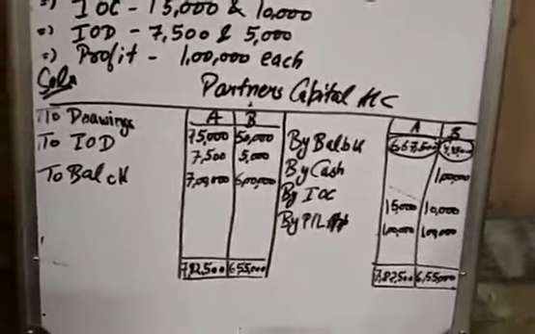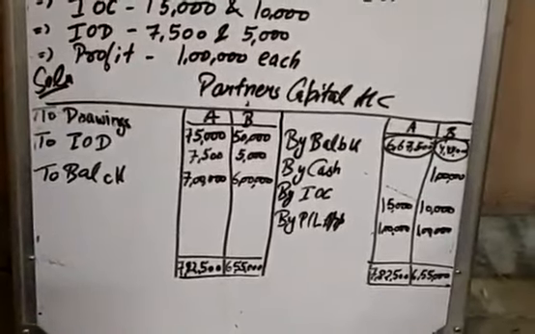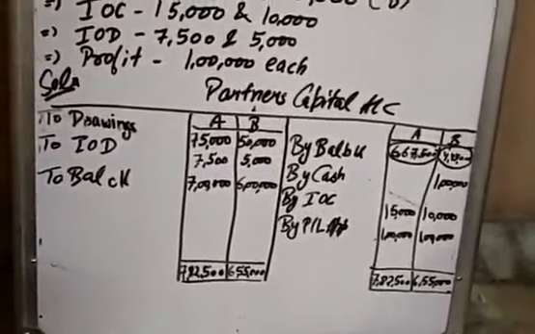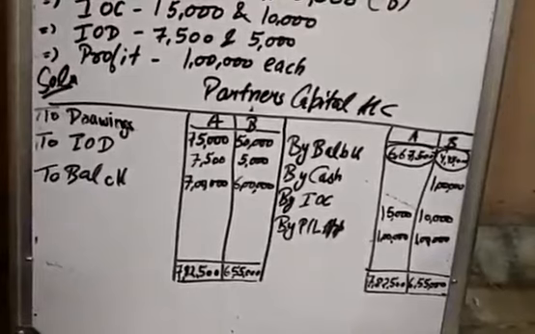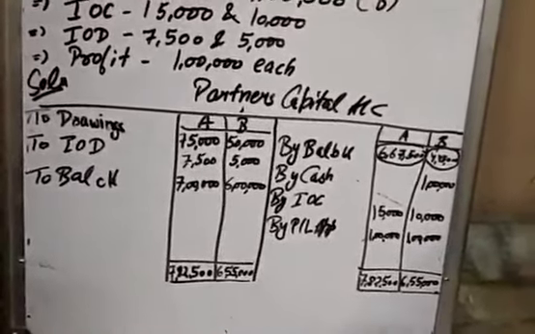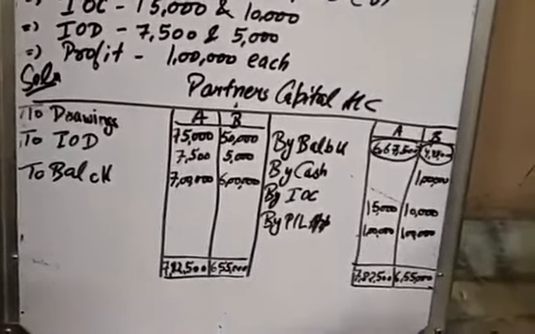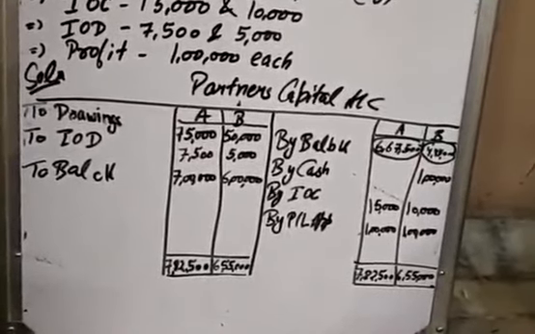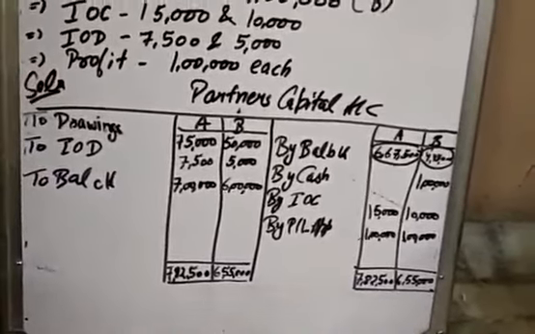This is how we calculate opening capital, and it is very important because in the next topic I am going to start, the calculation of opening capital will be very important. So we have to understand how to calculate opening capital, then only you will be able to solve those questions. I hope I am clear with calculating opening capital, and more questions related to this I will discuss in the next video.